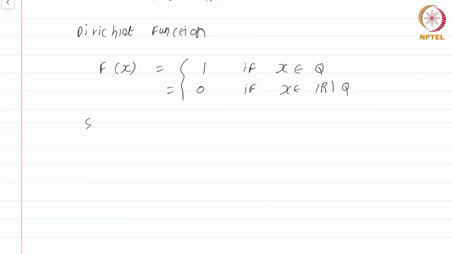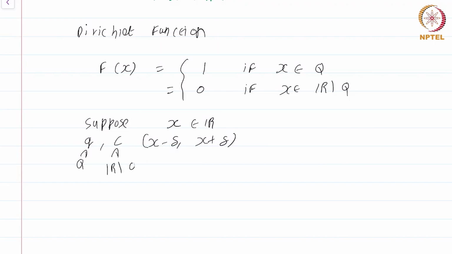Now suppose x is in R. It doesn't matter whether it's irrational or rational. Then any interval x minus delta comma x plus delta will contain both a point q that is rational and a point c that is irrational, right?